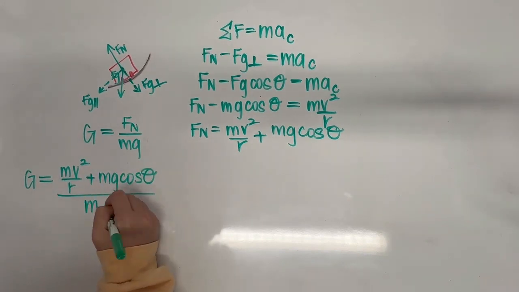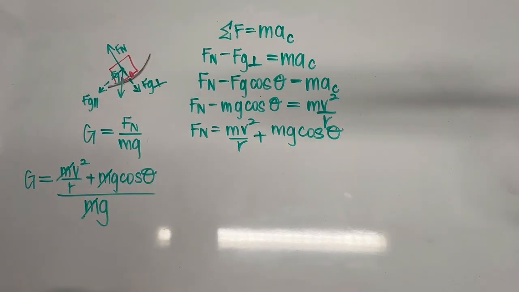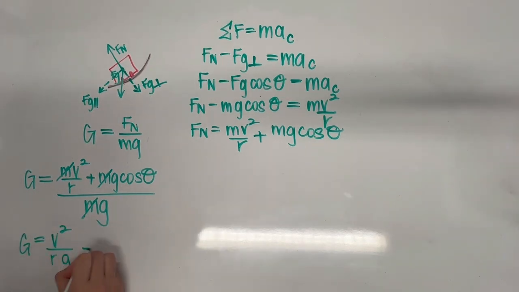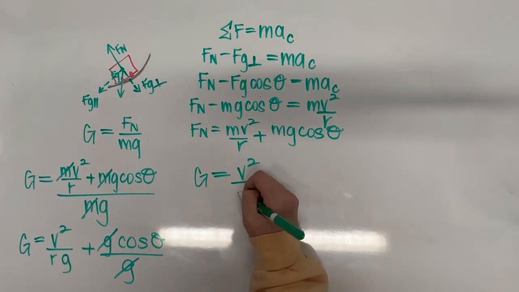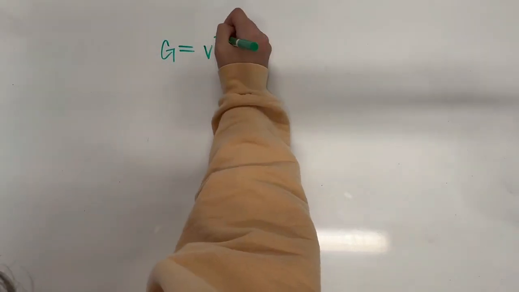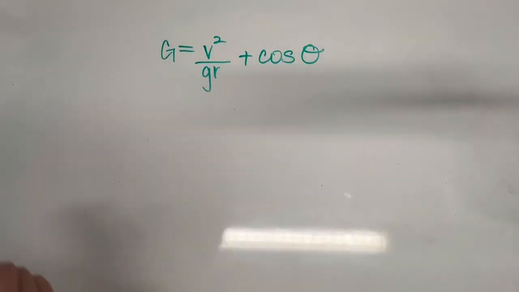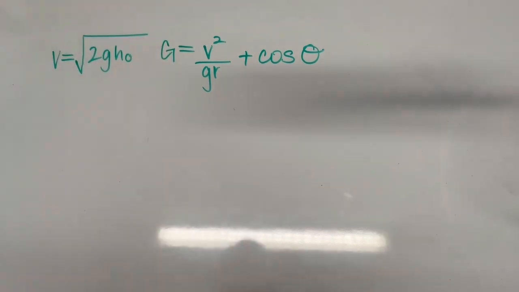So here we're plugging in what we already derived for normal force in the center of the screen. Since we're calculating the g-force at an instant when the car is in the loop, the car's velocity equals the square root of 2g(h0 minus h).